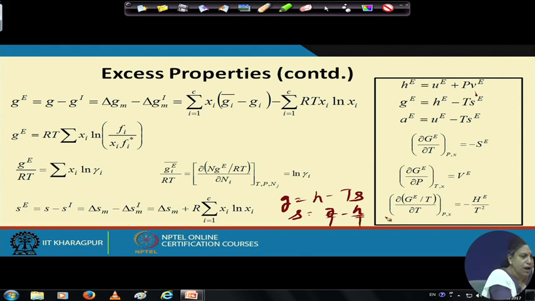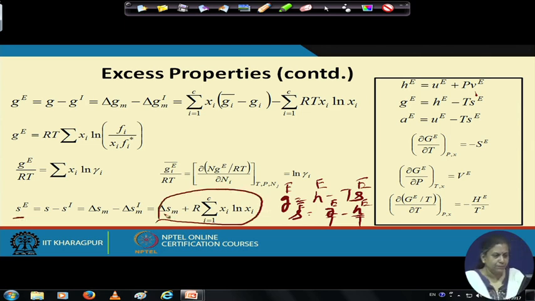And therefore, once this equation was written for a molar quantity, we can always add a superscript for the extensive properties, and this is the relationship between the excess properties. So, therefore, we can easily find out the excess entropy in terms of excess Gibbs free energy and the excess enthalpy, and once we do it, we find that the excess entropy is given by this particular equation, right.